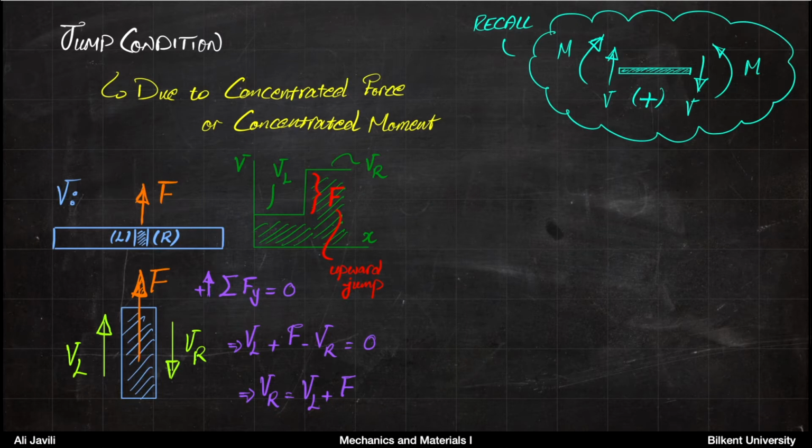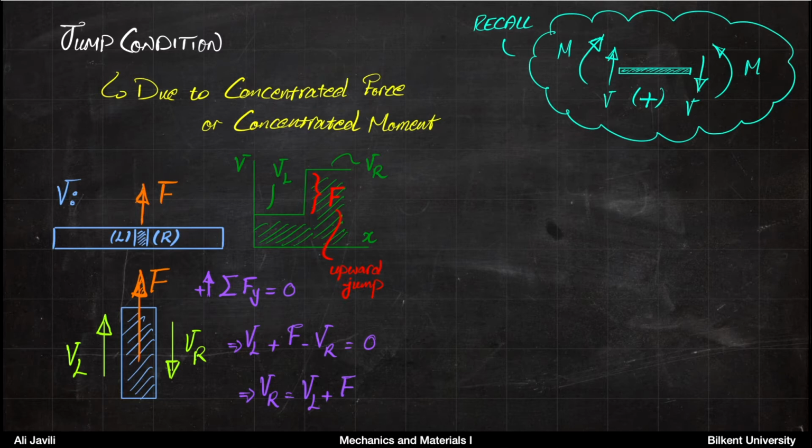If you want to draw it and look at it from the perspective of a shear force diagram, this is your internal shear force and this is your coordinate x. If you come from left to right, the shear force would be VL until you reach the point that you apply the force F. Then you get an upward jump, and then you would have VR. So this is your shear force diagram if you have a concentrated force.